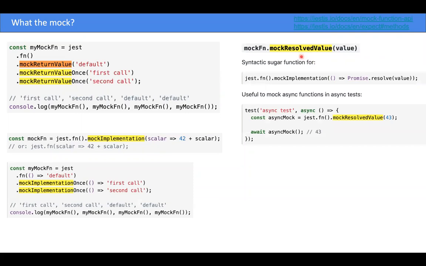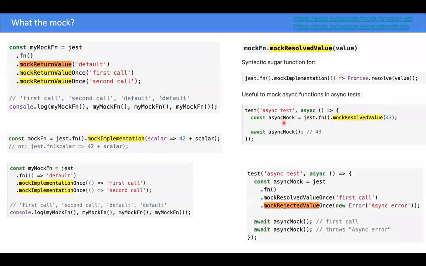Okay, and then for async stuff, you can use mock resolved value, which is actually syntactic sugar for using mock implementation and using Promise.resolve on it. So this will return 43 in this case. And of course, you have mock resolved value and mock resolved value once, and you have mock rejected value and mock rejected value once.